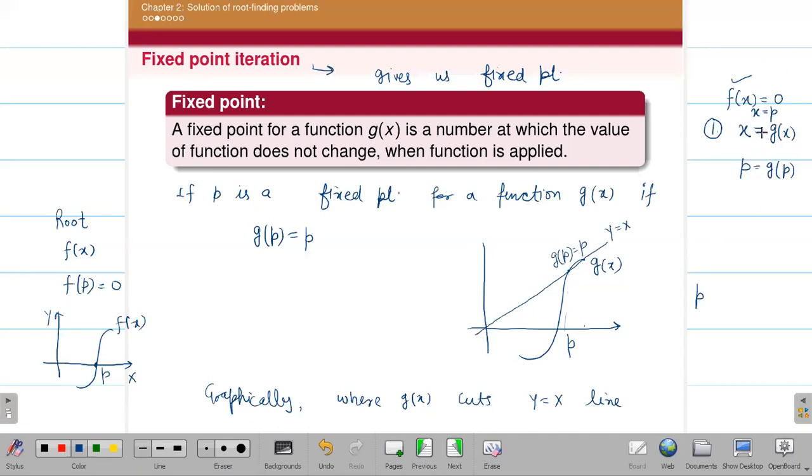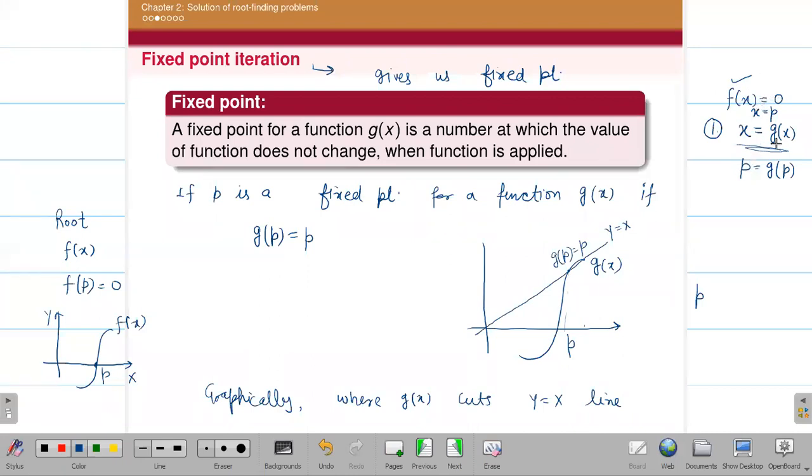Initially you have a root finding problem and you construct another function g of x such that the value that I will find out by fixed point iteration, because fixed point iteration will give you the fixed point only. This function will be given to you, and with the help of this f of x, I have constructed g of x here. I will construct this function in such a way that the same p, which is the fixed point for this function, will be the root for this equation.